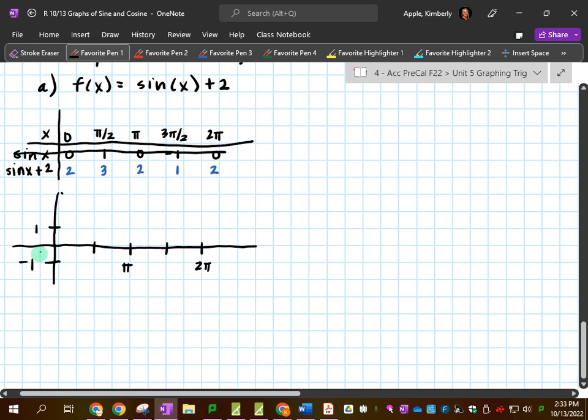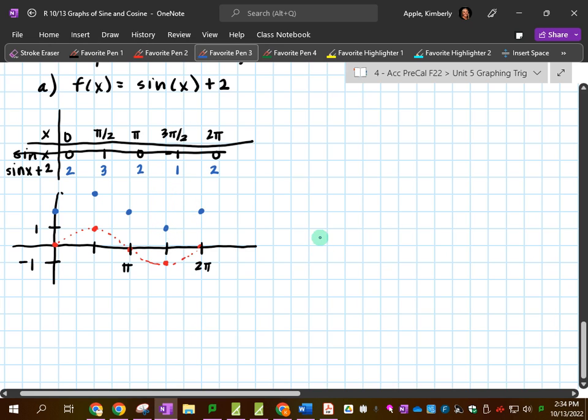Just for funsies, I'll graph the original. And so 0 becomes 2. 1 becomes 3. And then 0 becomes 2.